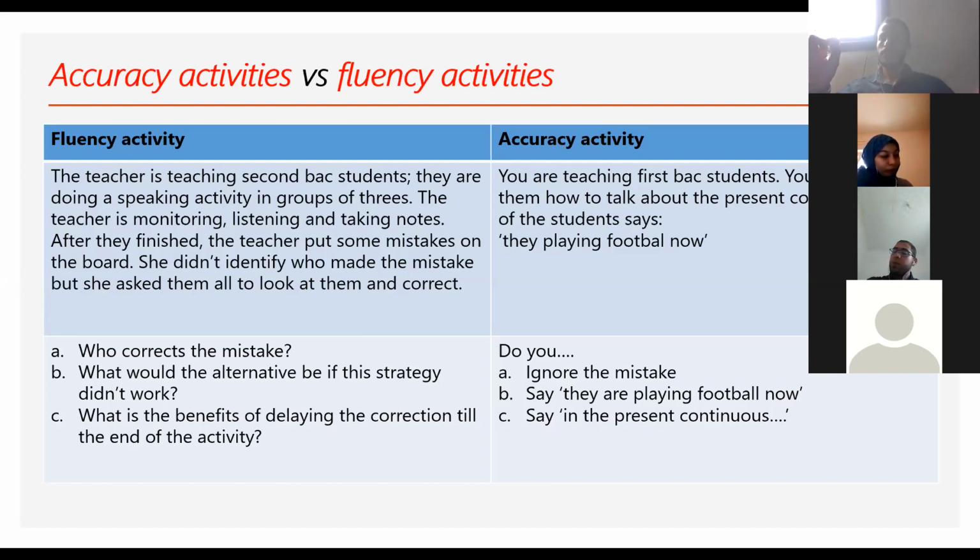If the mistake is about a preposition, you say preposition, and students know it's a preposition mistake or grammar, etc. Here it's tense or grammar because it's the present continuous. And the student is involved in the correction process.